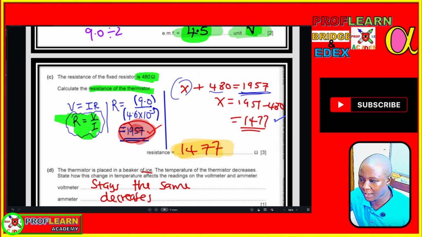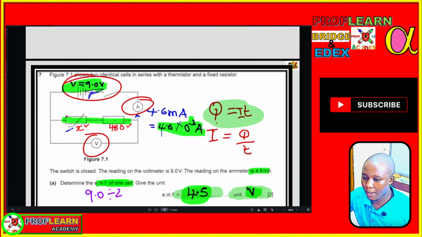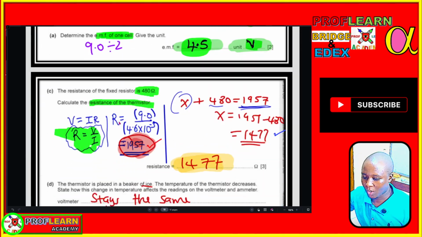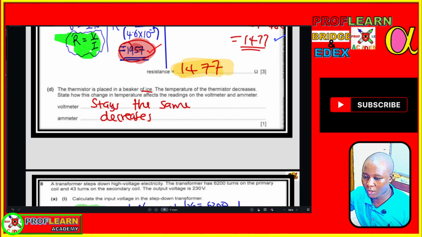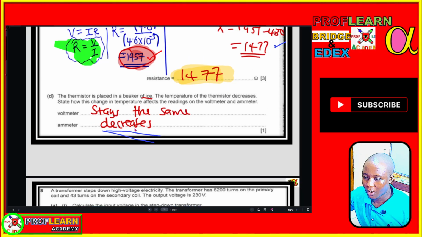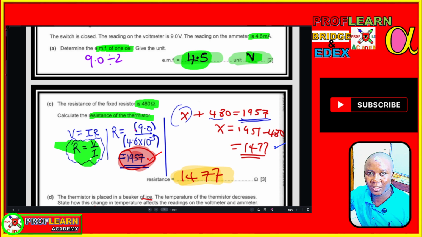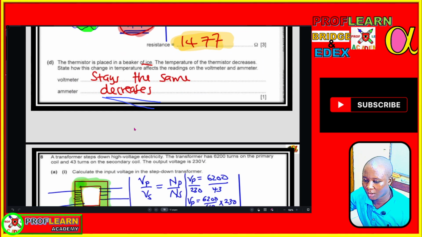And if resistance of a circuit increases, current decreases. So the ammeter reading is going to decrease, but the voltmeter reading is going to stay the same.